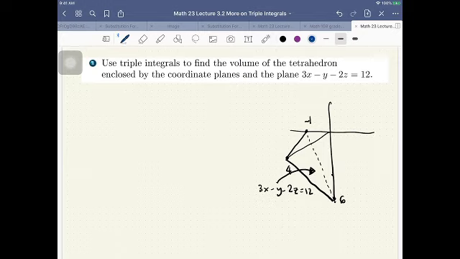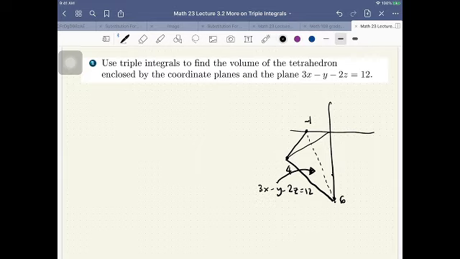Again, if you want to draw the plane, what you want is to get the intercepts. If y and z are 0, x would be equal to 4. That's why 4 is here. If x and z are 0, then y should be equal to minus 12.